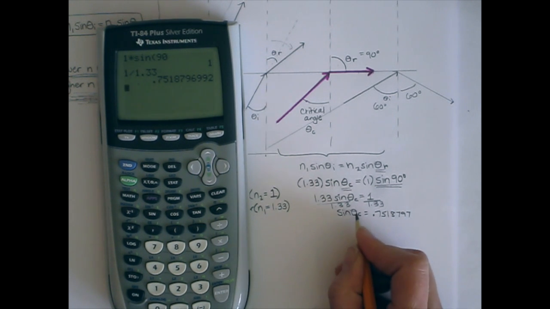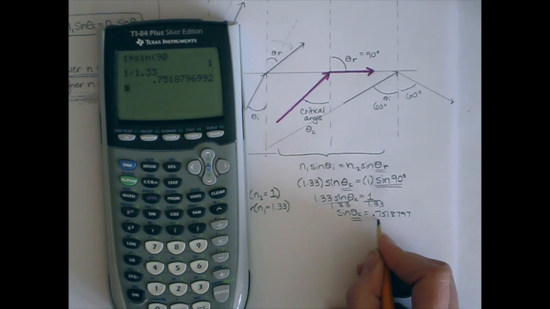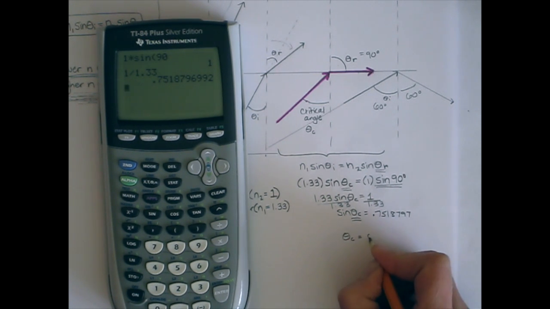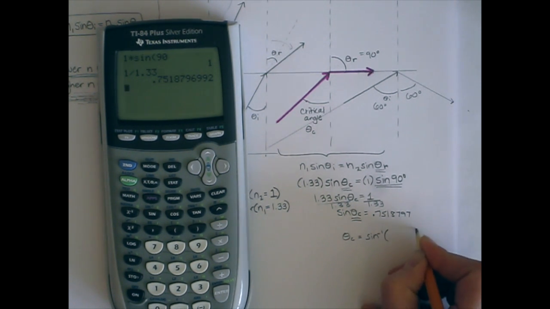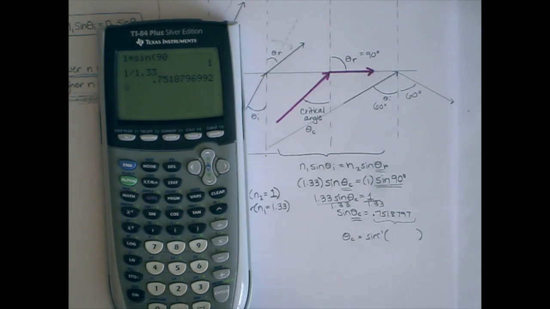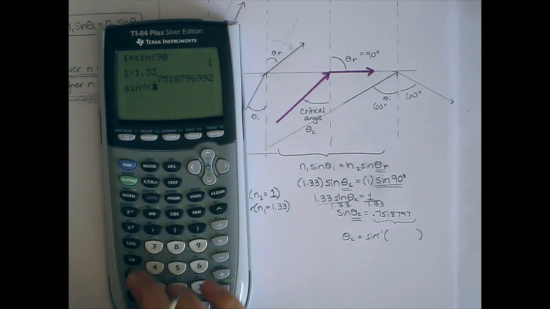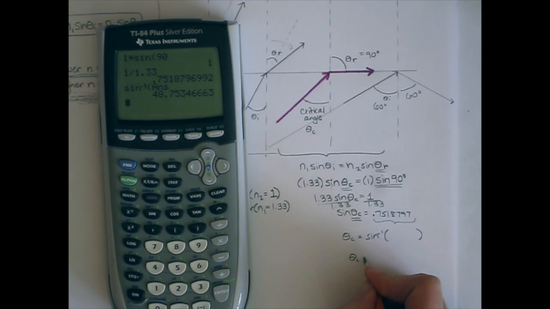Now to find the actual critical angle, we need to take the inverse sine. So on my calculator, I can do the inverse sine of the previous number, and I get that the critical angle is 48.8 degrees.